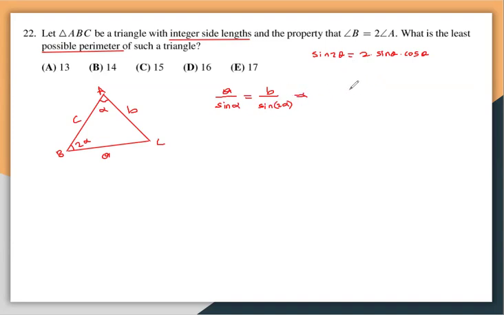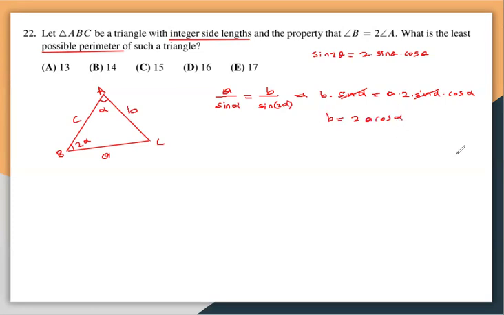If I cross multiply first, that should be b times sine alpha equals a times sine 2 alpha, which is 2 times sine alpha times cosine alpha. So we can easily cancel these, and then we get b equals 2 times a times something. So we have at least b equals 2a cosine alpha.